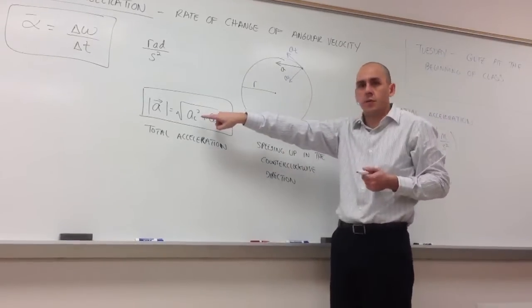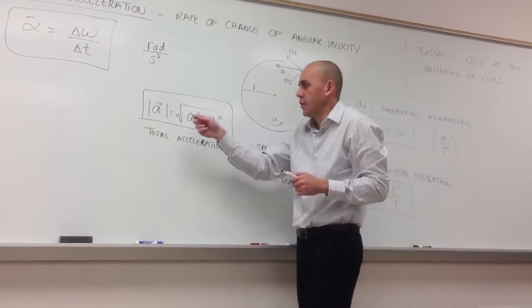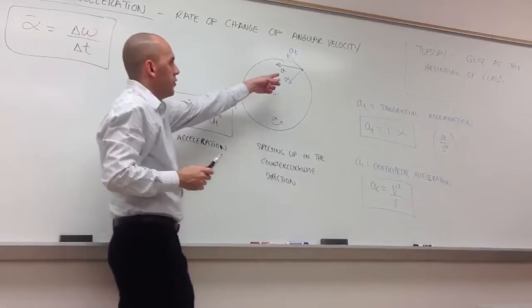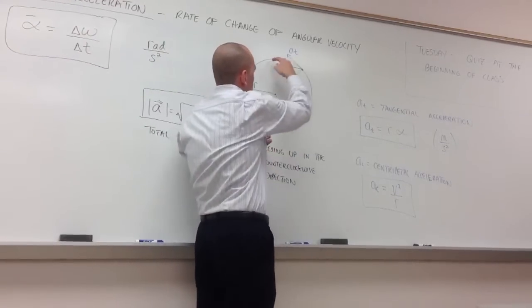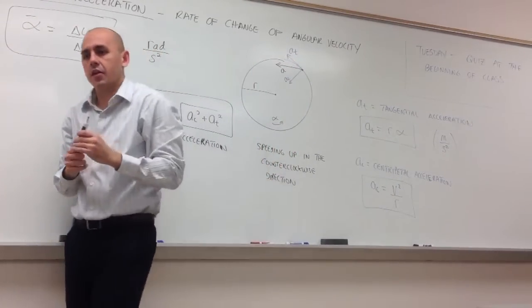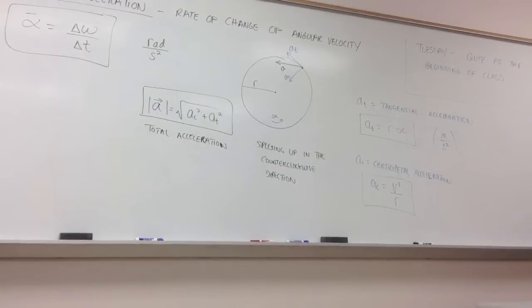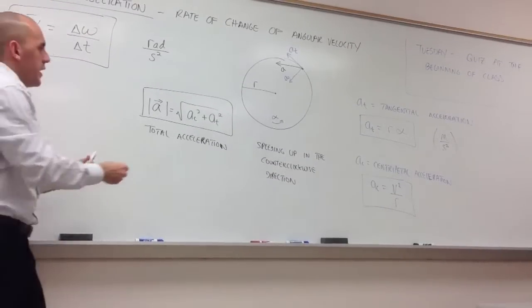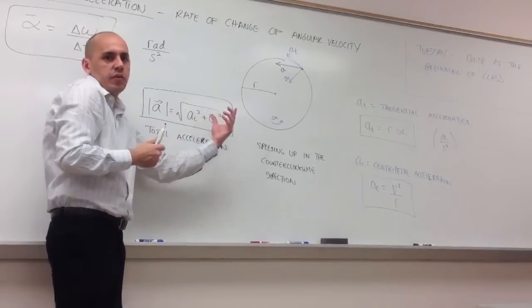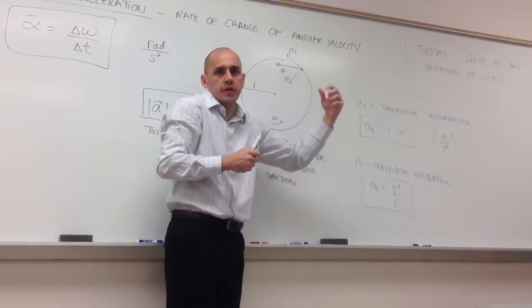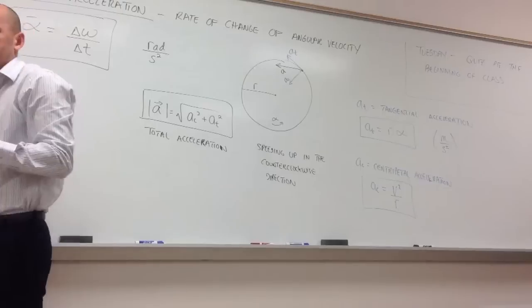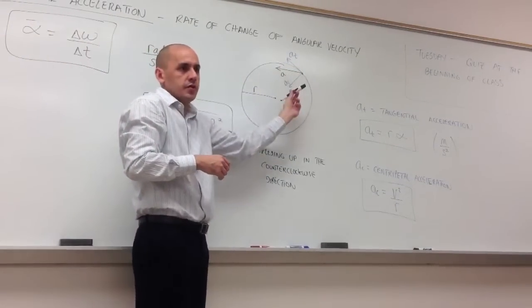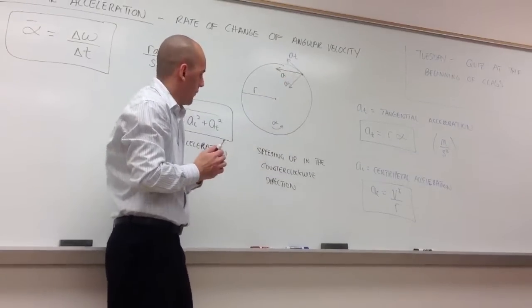So that's why we can say here from Pythagorean theorem that your A is just the hypotenuse, really, of these two vectors if you're going to connect them from head to tail there. That's really just like taking ax squared plus ay squared, where these two here could be your x or y components of a vector. And they will always be perpendicular by definition here of tangential and centripetal. Those are always at a right angle.